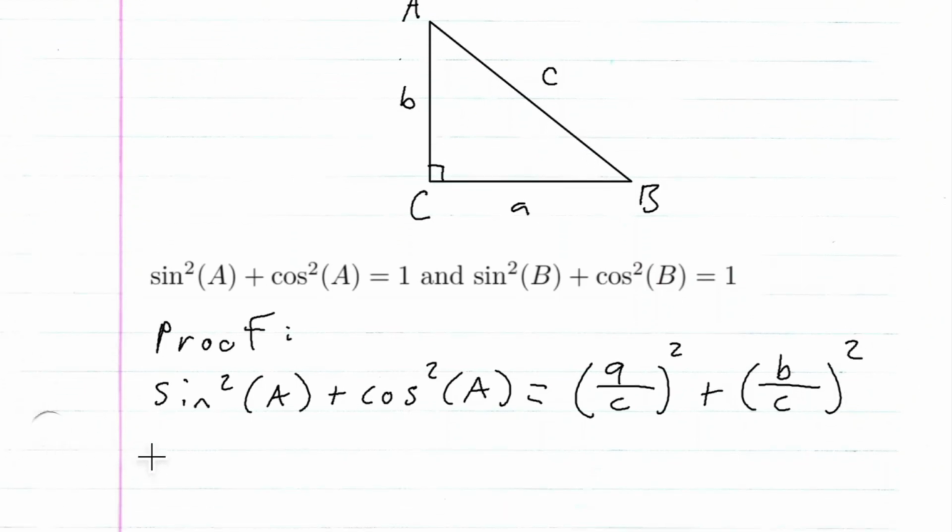And we know this is equal to A squared over C squared plus B squared over C squared.